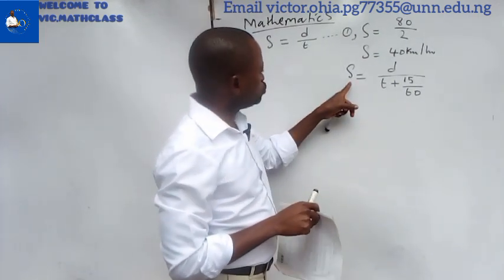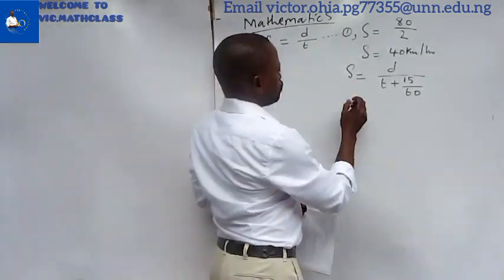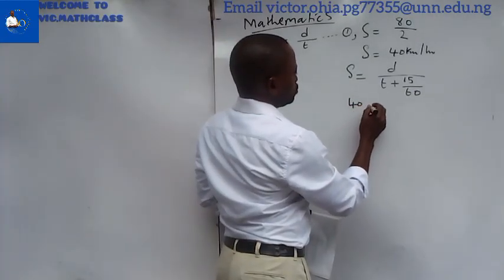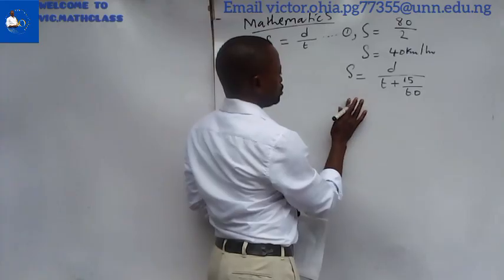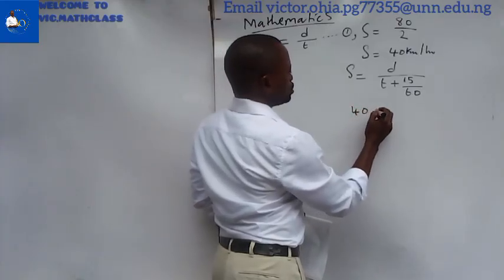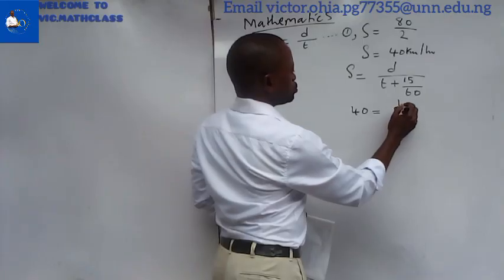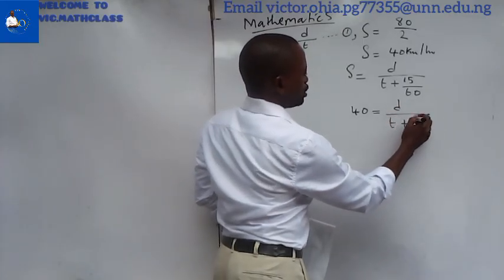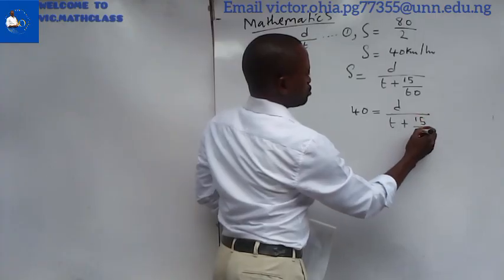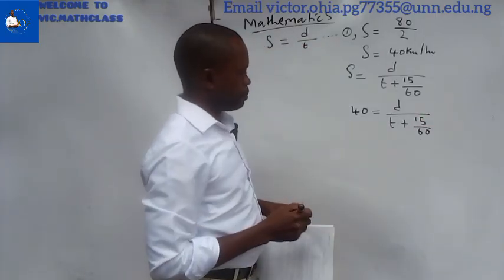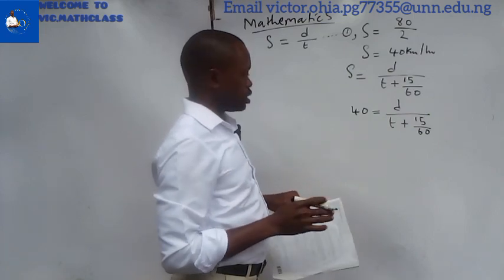So if he continued to drive at 40 kilometers per hour, let me take this a little bit down. If he continues to drive at this 40, he is going to arrive at a time that will be late by 15 minutes, which we have converted to hours. This is what is going to happen.